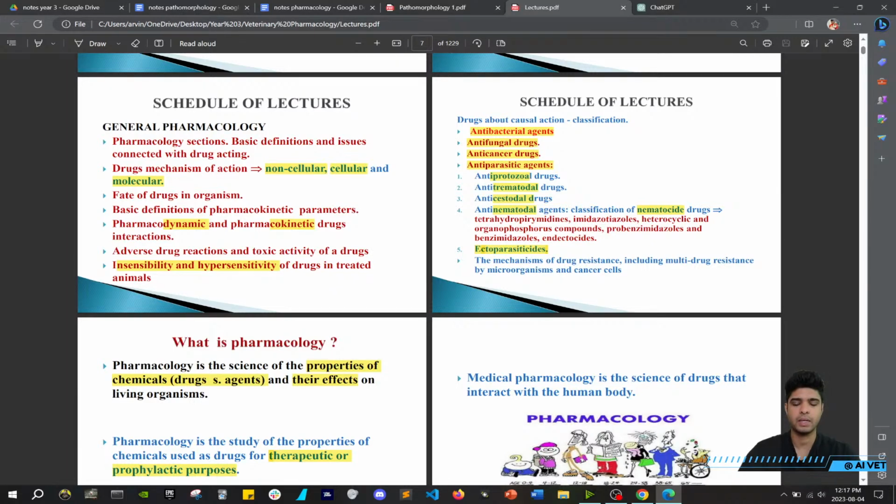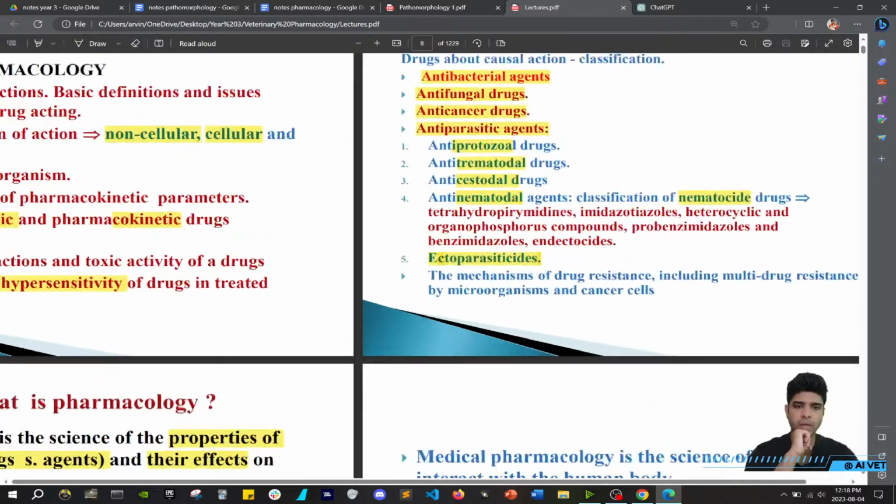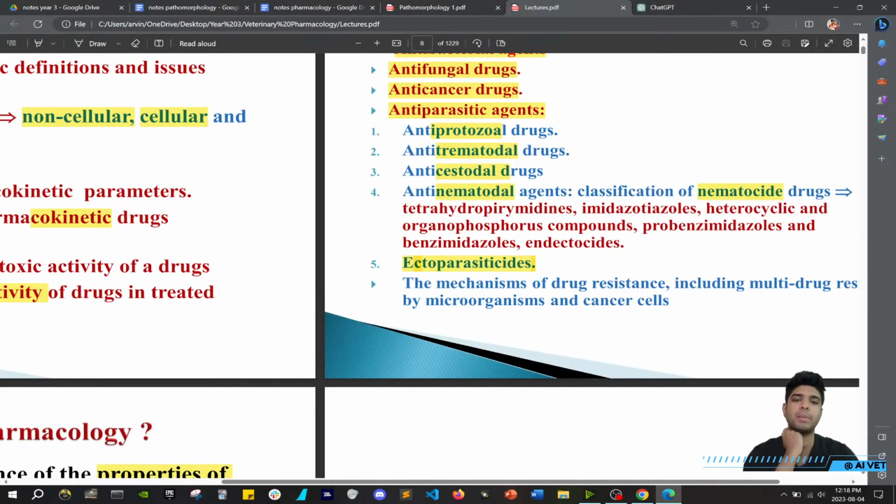Antibacterial agents, antifungal, anti-cancerous, antiparasitic, and inside parasitic it's protozoal, nematodal, cestodal, trematodal, and then ectoparasiticides. And then there are some examples. Last time I said I would form mnemonics, but I did not get time to do that. Maybe I'll do it after today's video.